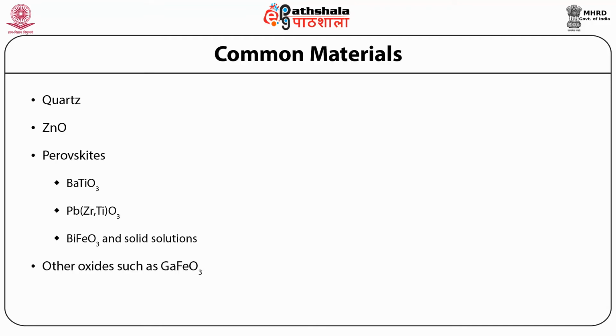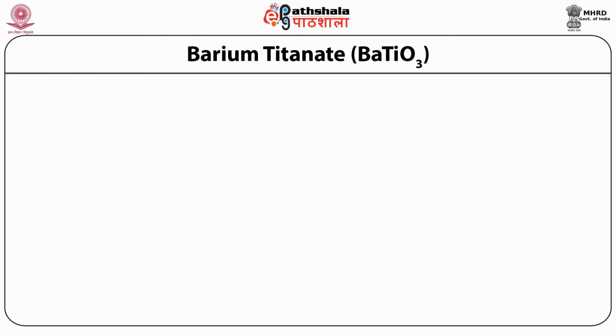Some other oxides such as gallium iron oxide, that is GaFeO3, are also piezoelectric. However, other than oxides, there are some polymers which behave as piezoelectric materials, and examples are PVDF and Teflon. Now let us take some common piezoelectric materials and study them.